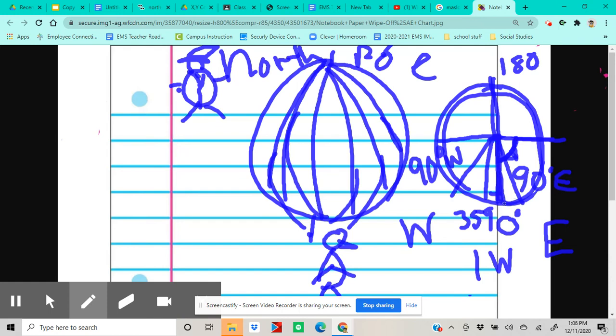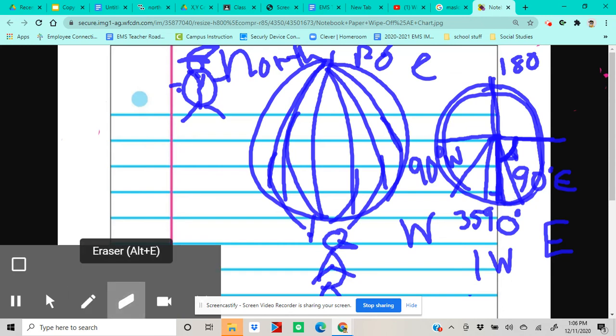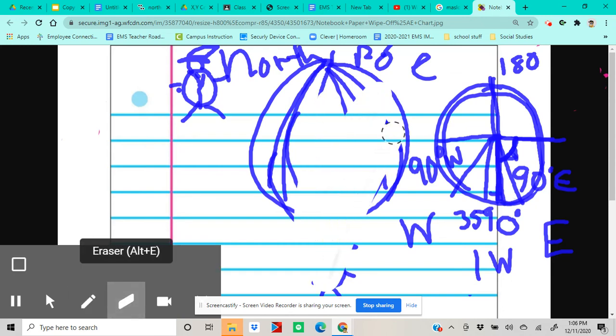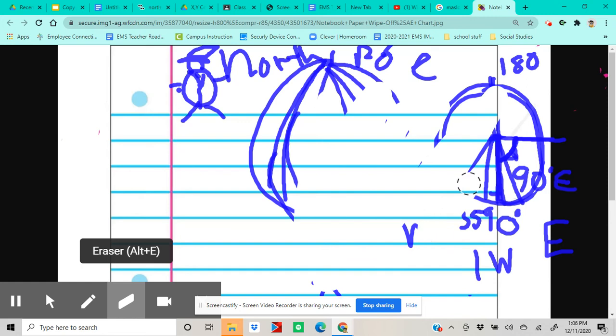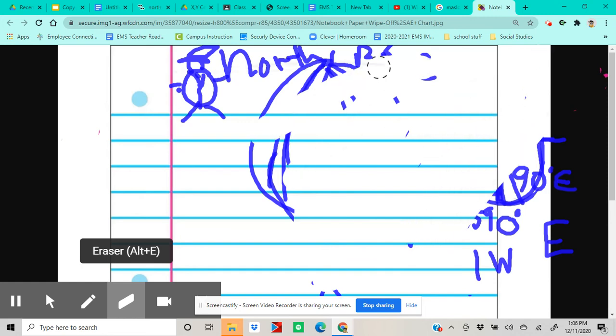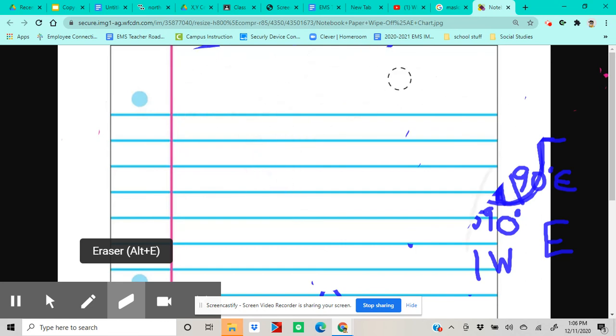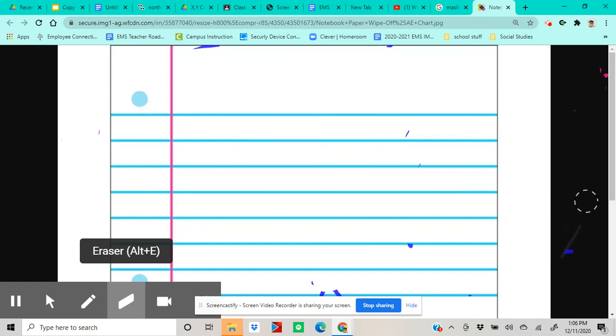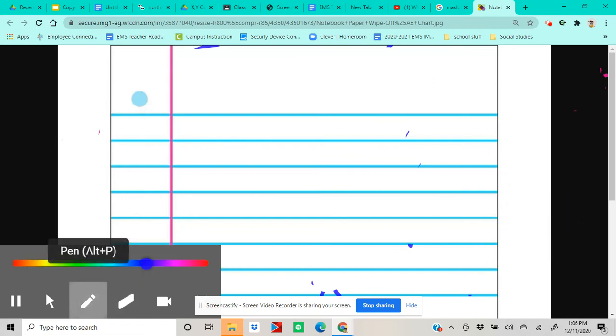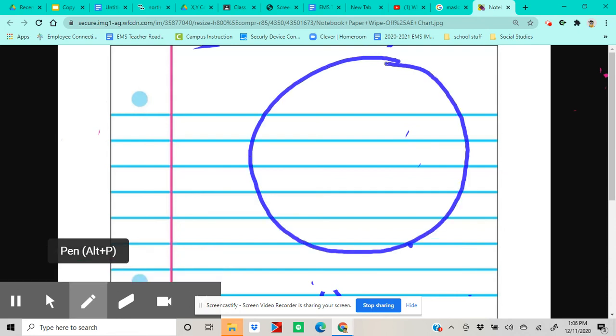So now let's talk about the equator and how we only go to 90 for that part. We need another globe or sphere. That sphere is a little different. This sphere is the earth.